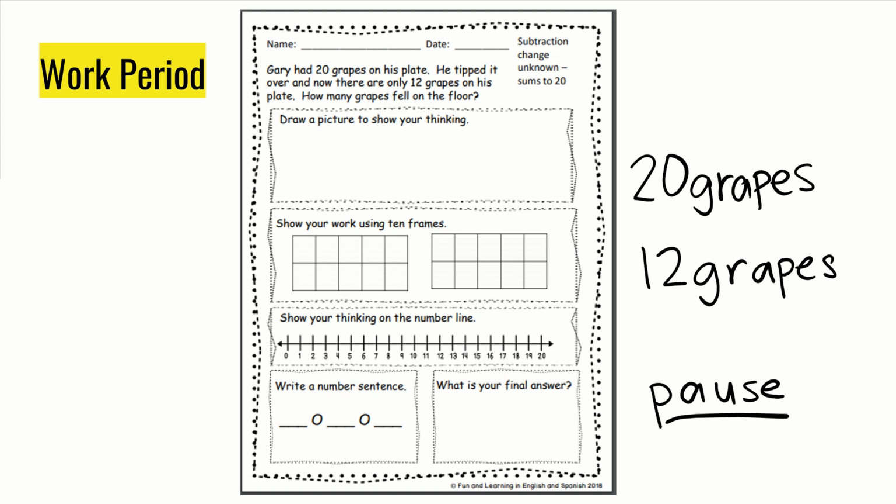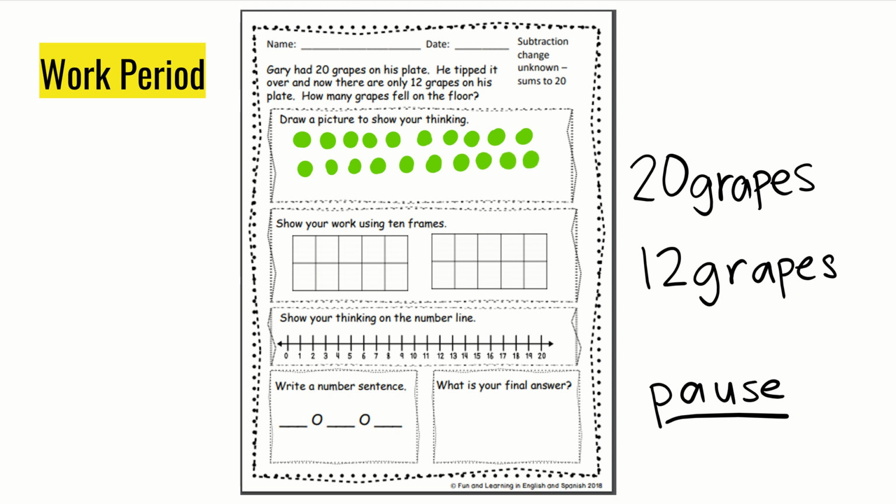Okay first graders, let's come back together to check this. So we already know that Gary has 20 grapes. So when I draw my thinking, I'm going to draw 20 grapes. That's 1, 2, 3, 4, 5, 6, 7, 8, 9, 10, 11, 12, 13, 14, 15, 16, 17, 18, 19, 20.